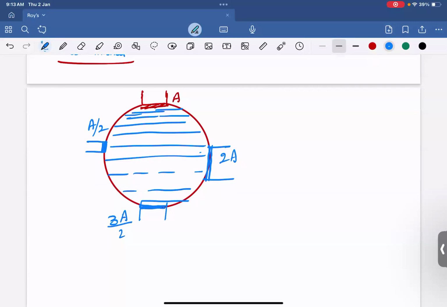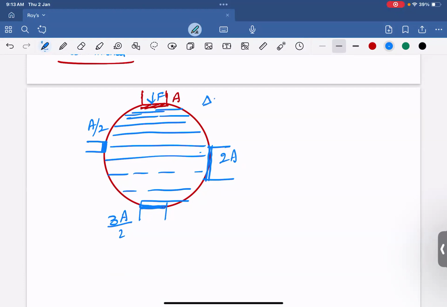And what I'm doing, I am applying force F here. In this piston, I am pressing with the force F. So how much force are we applying here, or how much pressure are we changing here?